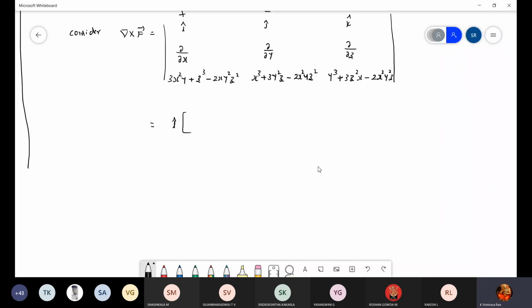Yes, i cap into dou by dou y of this, you will get like this 3y square, second term 0, minus 4x square yz.